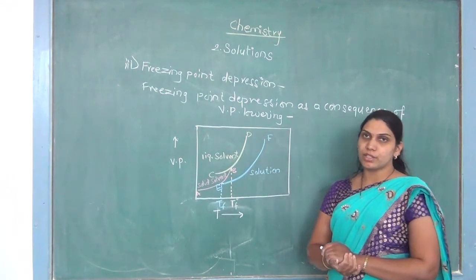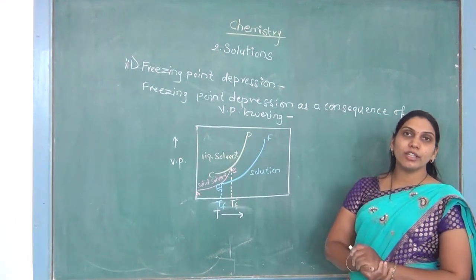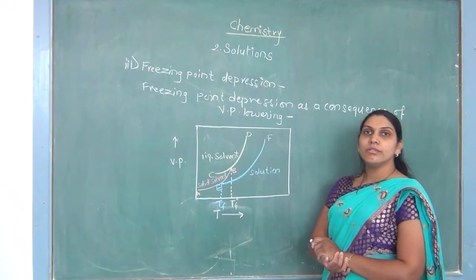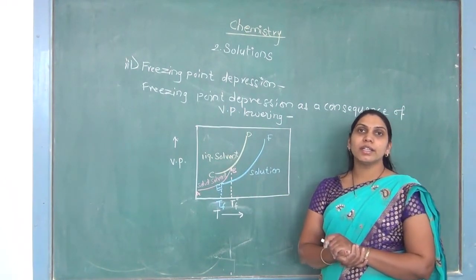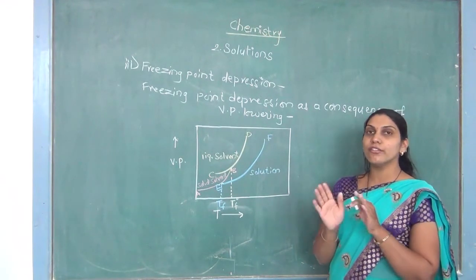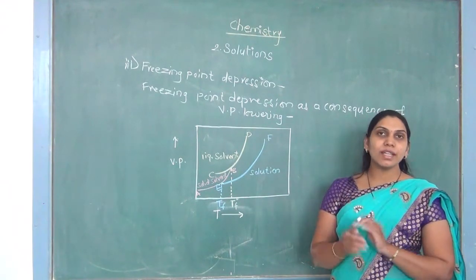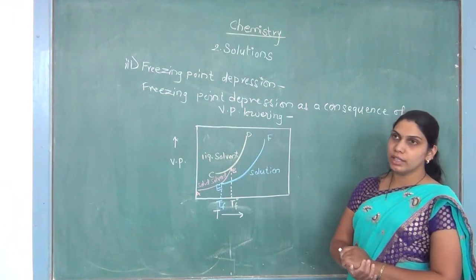According to the definition of freezing point, we have studied that at the temperature of freezing point, the two phases, liquid and solid, are in equilibrium, and their vapor pressures are equal.